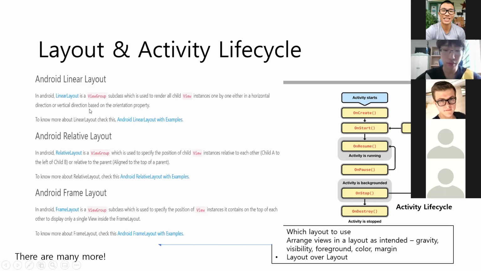Also, the activity lifecycle is very important. The activity will go through onCreate, onStart, and then onResume to run the activity, and onPause, onStop, and onDestroy for the activity to stop.